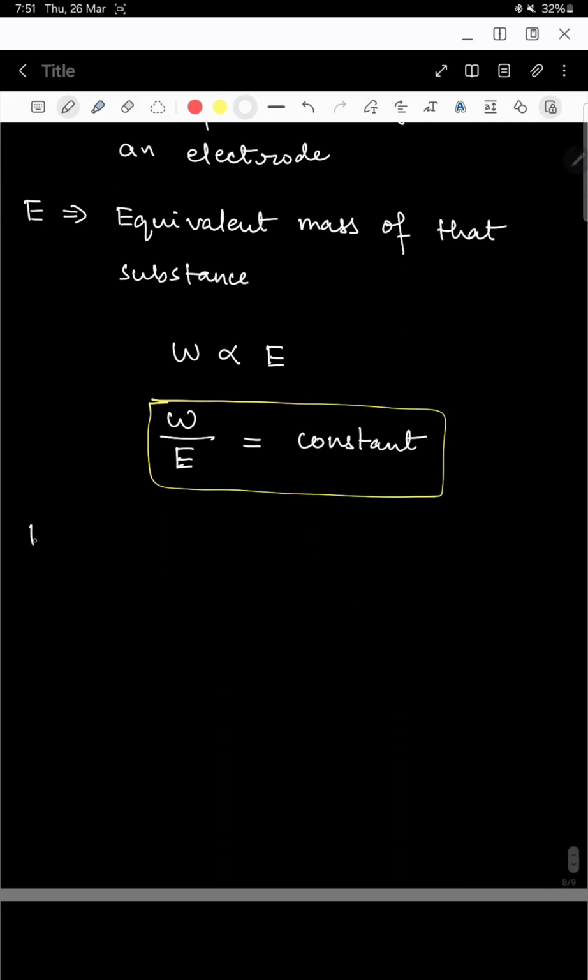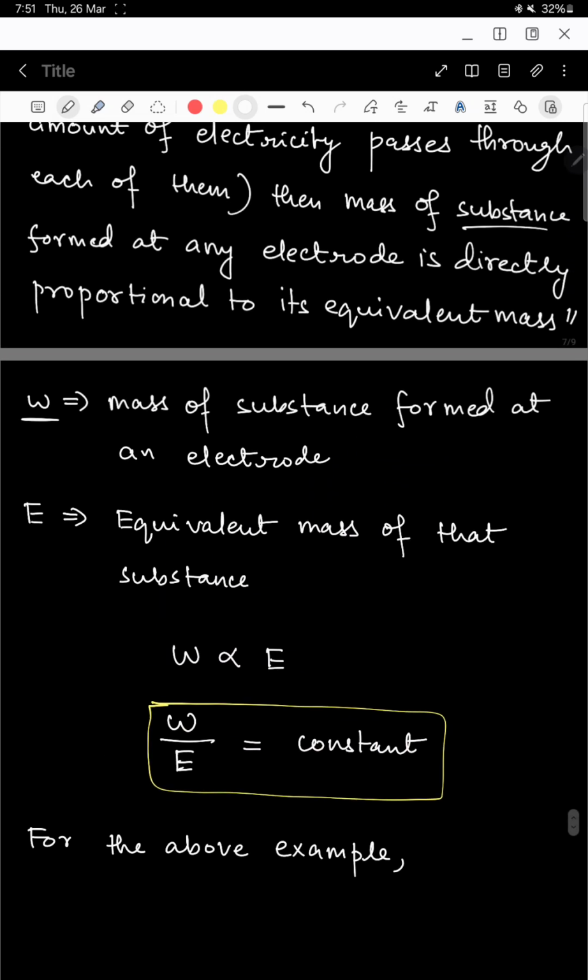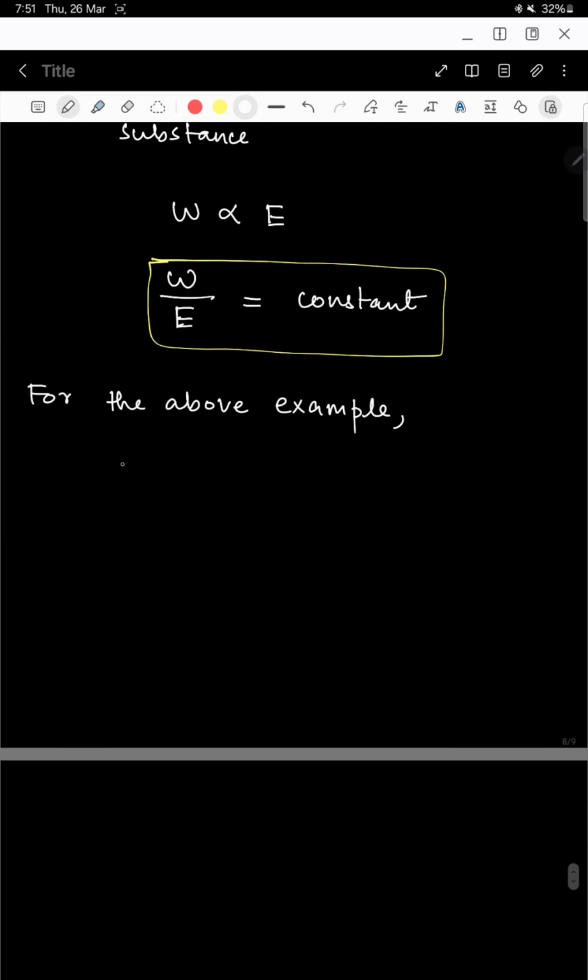So for the above example that we have taken, in the first one we have zinc, so mass of zinc by equivalent mass of zinc must be equal to mass of copper by equivalent mass of copper, that must be equal to mass of silver upon equivalent mass of silver.